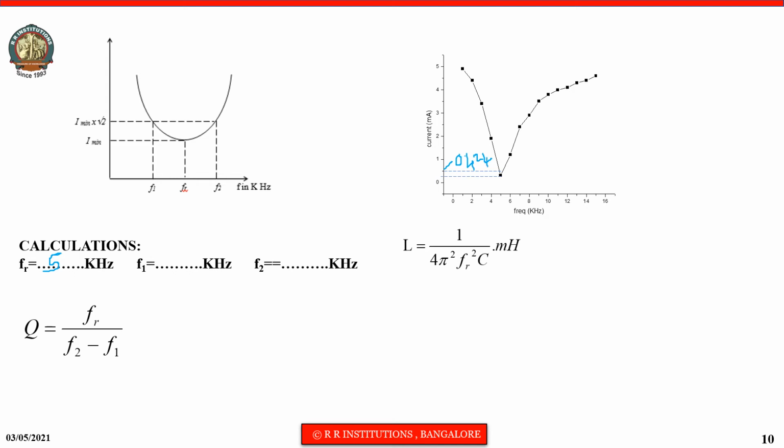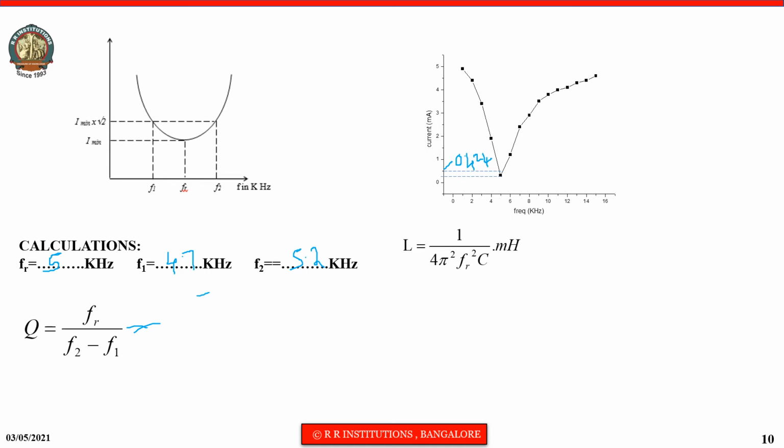So draw a parallel line to the frequency axis where it cuts the first time, that is f1, and where it cuts the second time, that is f2. So by noting f1 as 4.7 kilohertz and f2 is 5.2, we can calculate bandwidth and quality factor. Bandwidth is nothing but f2 minus f1, and quality factor is fr divided by bandwidth.